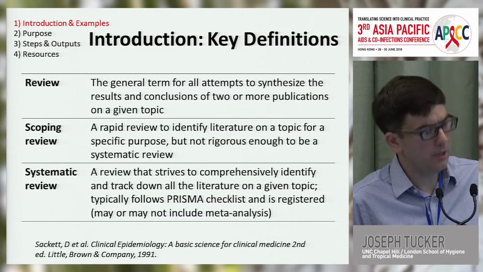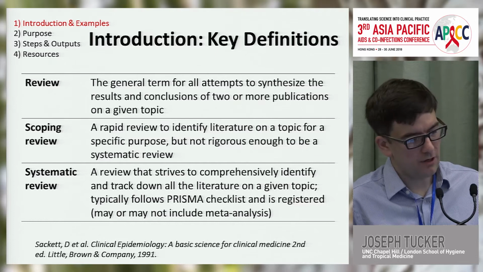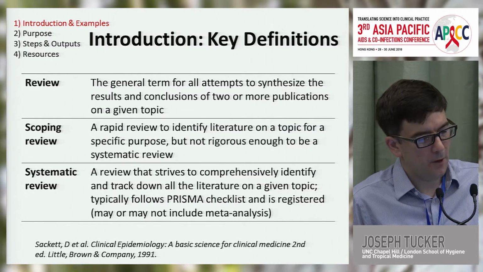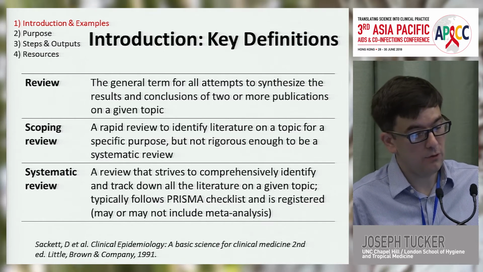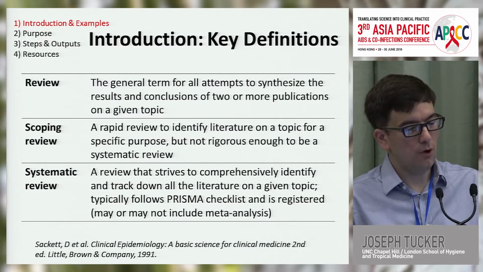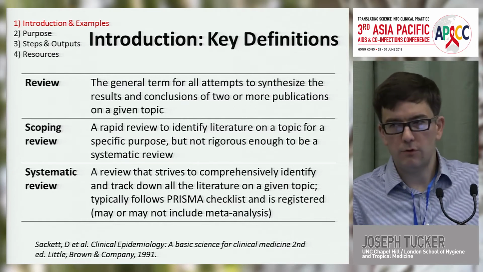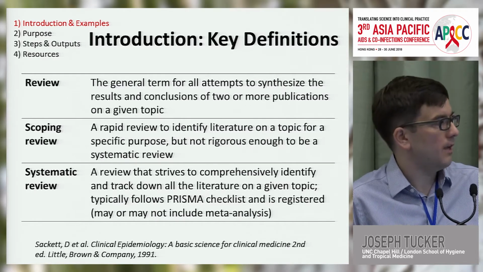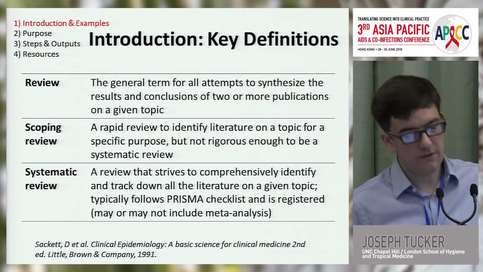And for scoping reviews, Arksey and O'Malley have a nice description of this that sort of helps to clarify exactly what a scoping review includes. And then if you go into greater rigor, a systematic review is a review that strives to comprehensively identify and track down all the literature on a given topic.